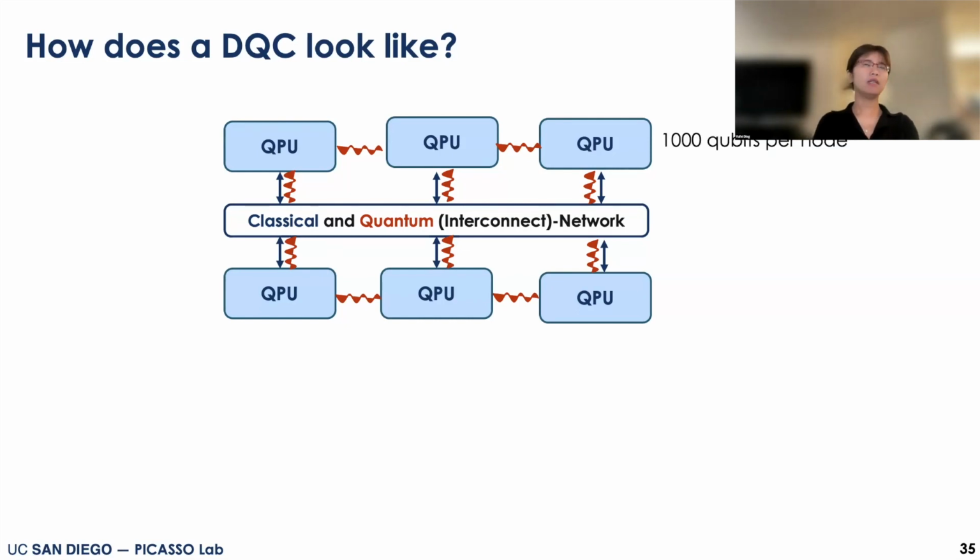As long as we can enrich each processor with 1,000 qubits, and possibly connect 1,000 nodes together using a quantum internet network, then we can build a machine with 1 million qubits.